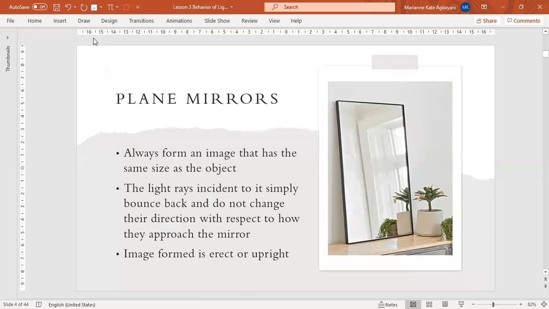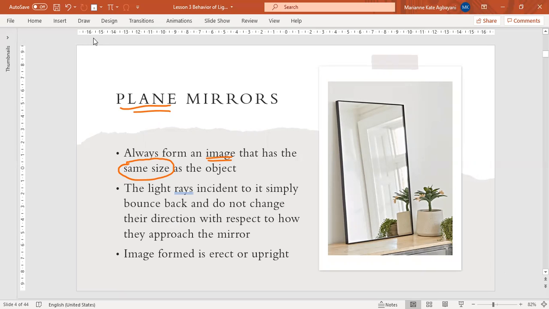For plane mirrors, it always forms an image that has the same size as the object. Take note, for plane mirrors, same size as the object. The light rays incident to it simply bounce back and do not change their direction with respect to how they approach the mirror.